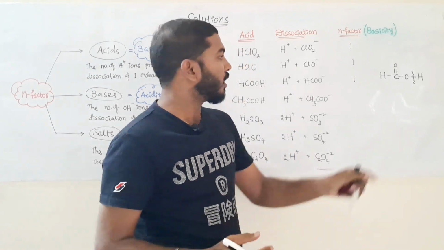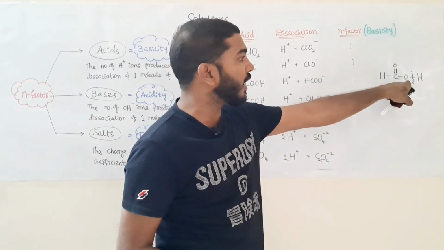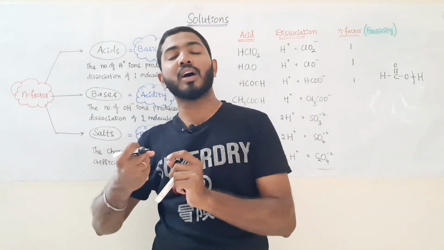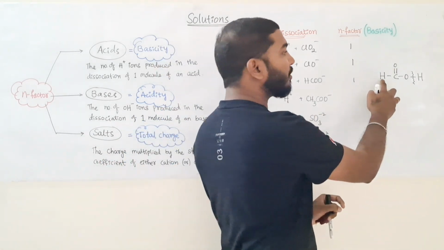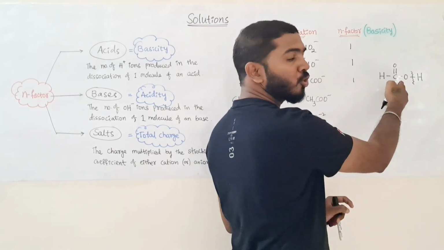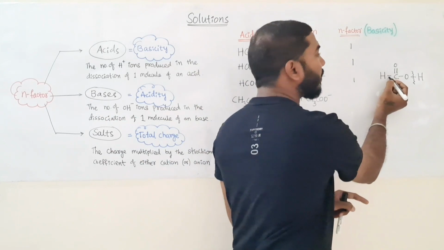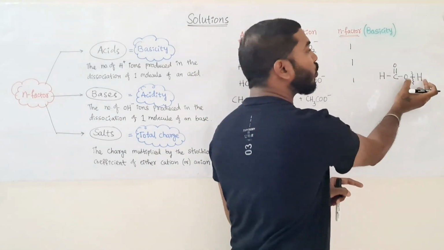Why is it like that, sir? The electronegativity of oxygen is very high, so oxygen tends to pull the hydrogen's electron. Whereas the electronegativity difference between carbon and hydrogen is very small, so this C-H bond is comparatively strong compared to the OH bond.